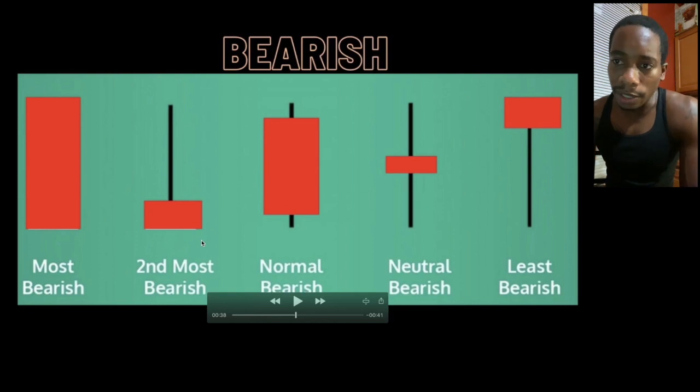The only difference is, what you notice is that the second most bearish candlestick is actually an upside down Thor hammer. And why is that, right?